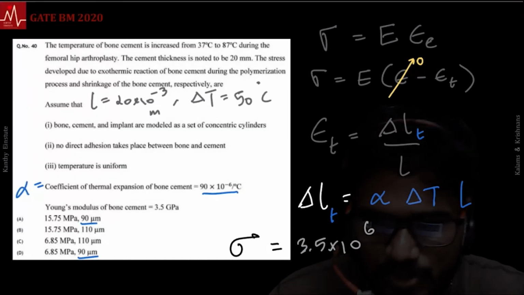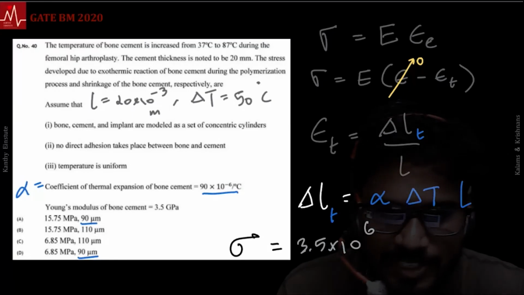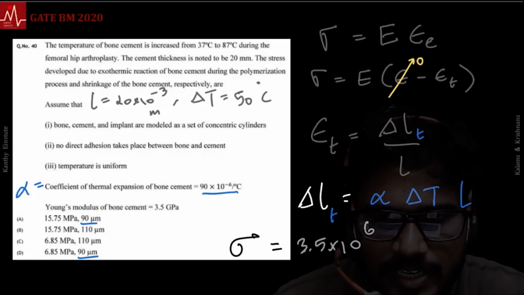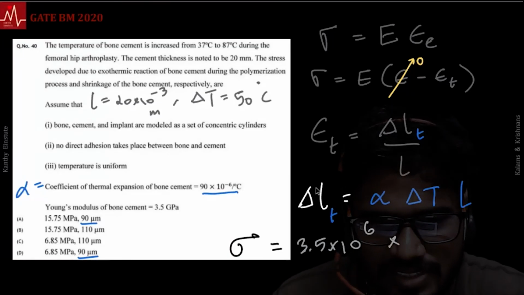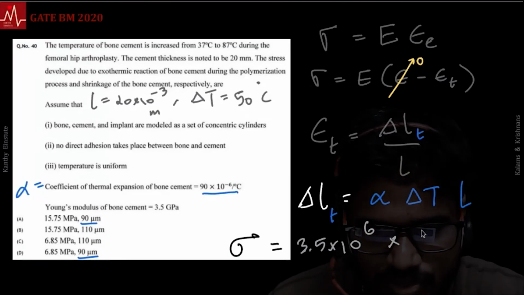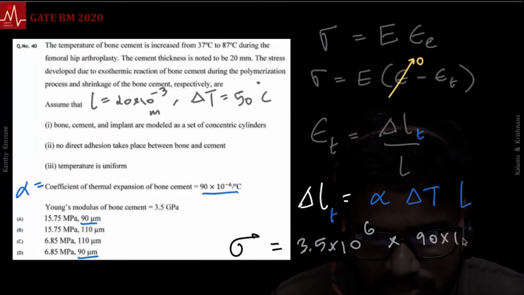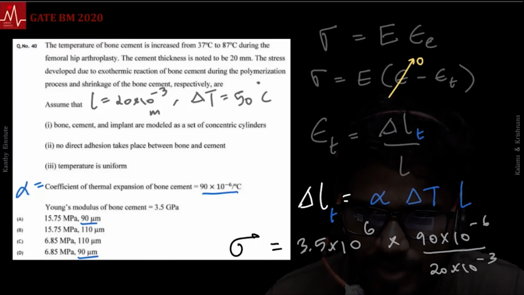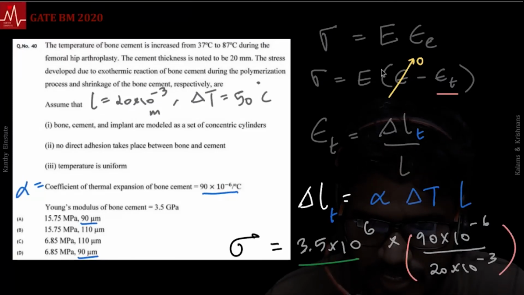I suppose all of you know this. This is in Pascal, I have that in SI. The change in length, I just found it, right? So this is 90 into 10 power minus 6. That is the change in length. The original length is 20 into 10 power minus 3. What I have here is epsilon t. Calculate this.